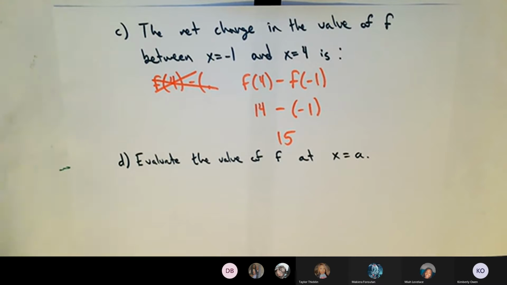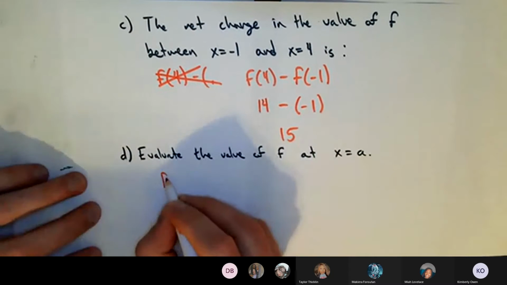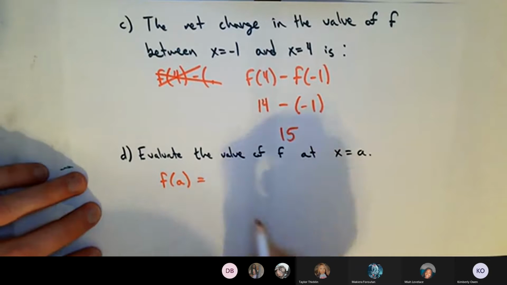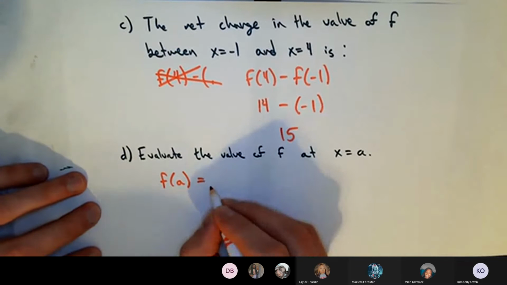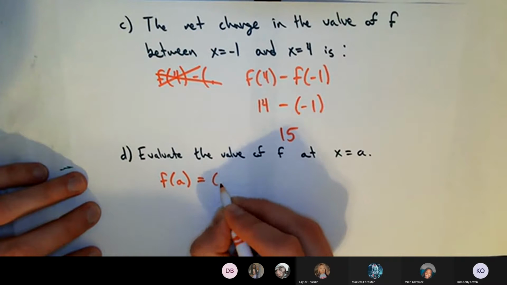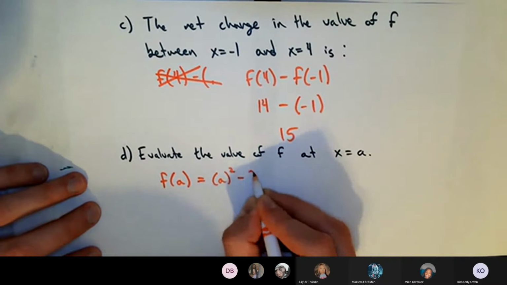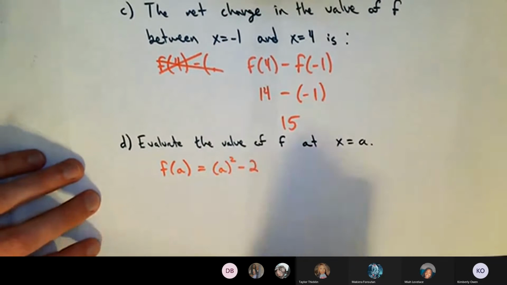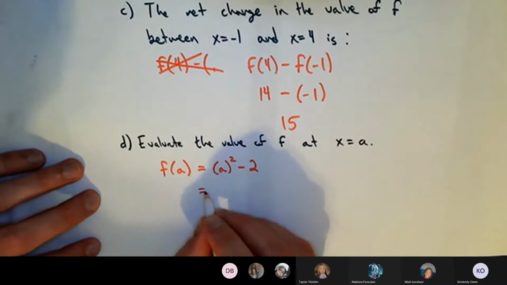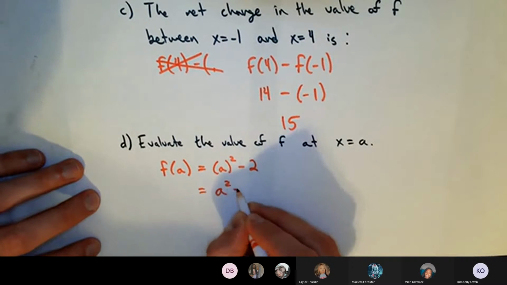Okay, so my input is a, so it's going to be f at a is equal to, and then x squared minus 2 is the function, but I'm replacing x with a, so I'm going to have a squared minus 2. Since a is not negative, or I don't really know what it is, I can just go ahead and drop those parentheses.